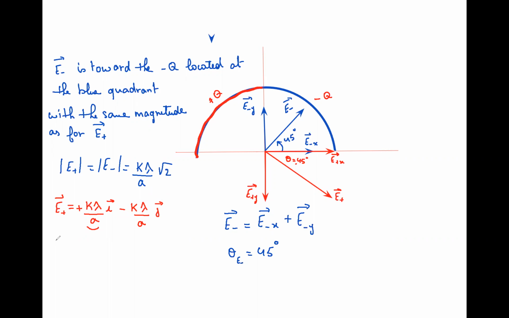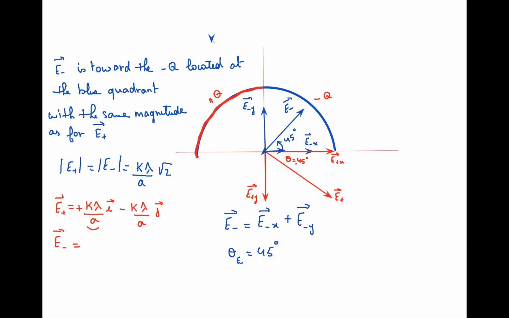Okay. Now we said E negative equal the same magnitude, but look here. E minus has EX positive and EY positive. The two values are in the positive direction.